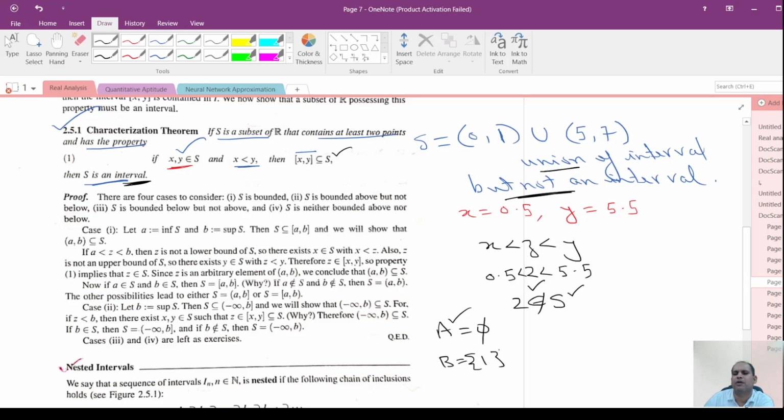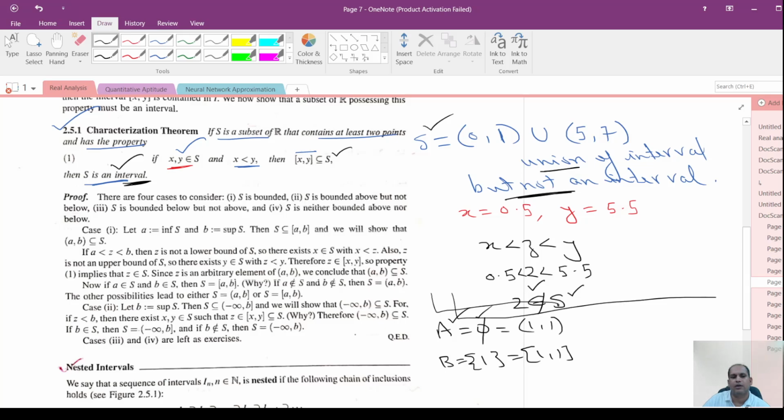I can write it as the closed interval 1 to 1, and the open interval 1 to 1, where we are not including 1, so I can call it the empty set. So phi, the empty set, and a singleton set are both trivially intervals. But this is an important remark: a union of intervals need not always be an interval.